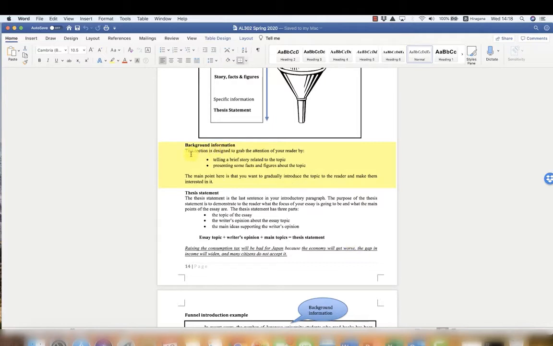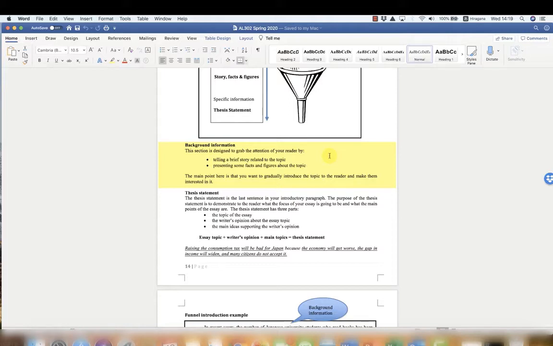So the background information, as you can see here, is the section designed to grab the attention of the reader. When you read an introduction, it has to be interesting from the start. Think about it this way. Do you want to read your own introduction?